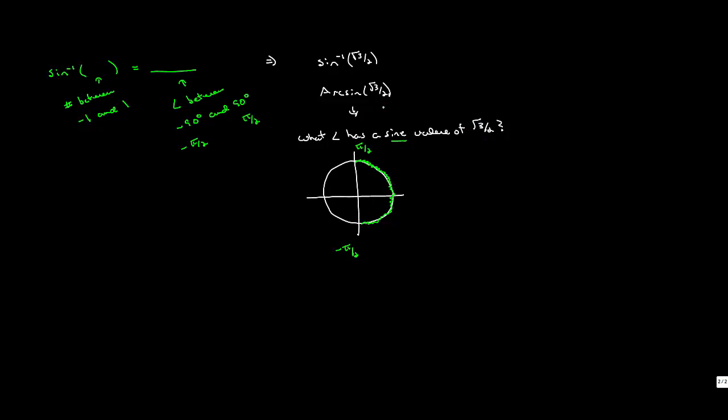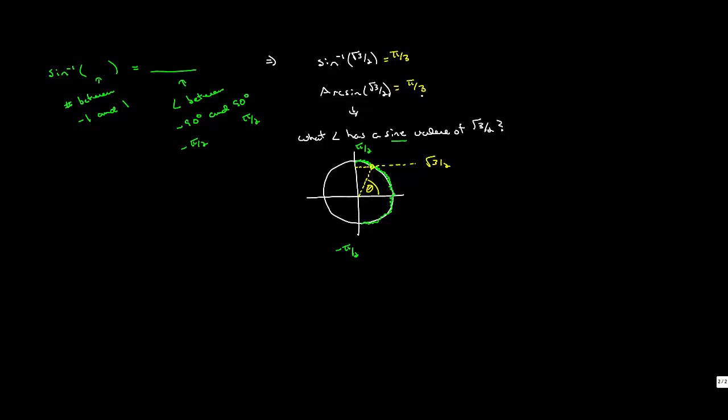The height value is square root of 3 over 2, which is right about here. So that height value is root 3 over 2. The angle, theta, that it makes is the answer. And the angle that makes, we all know, is pi over 3. Just like that.